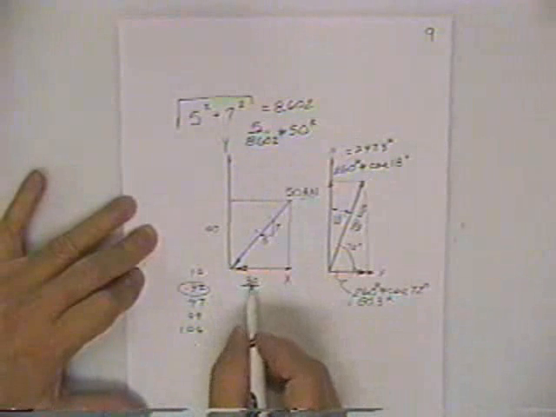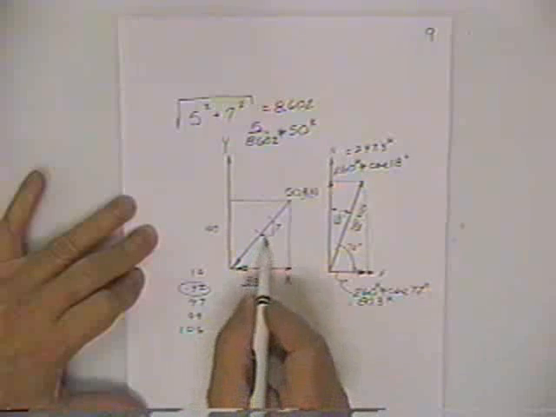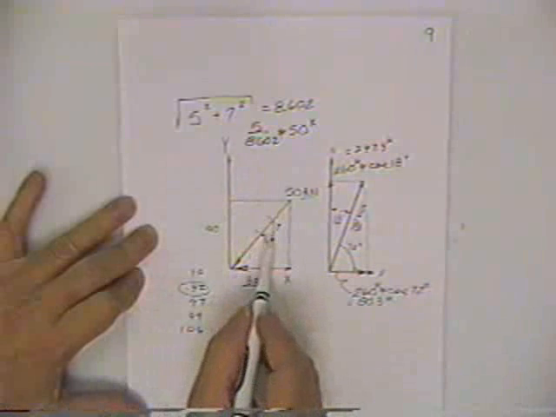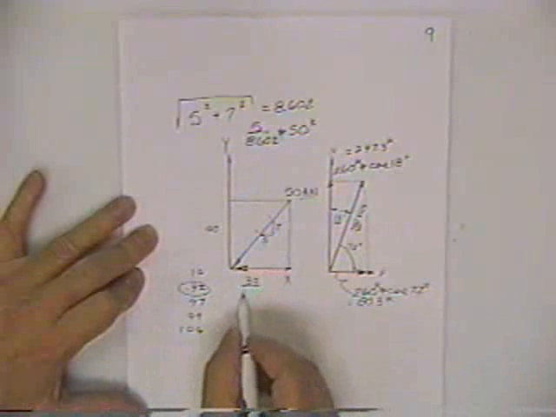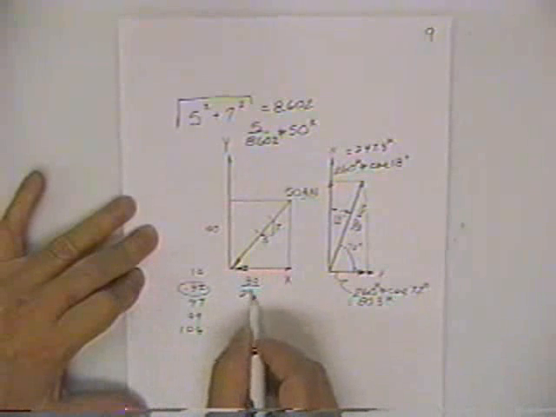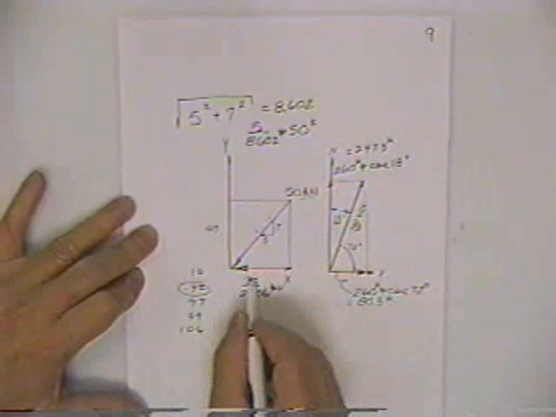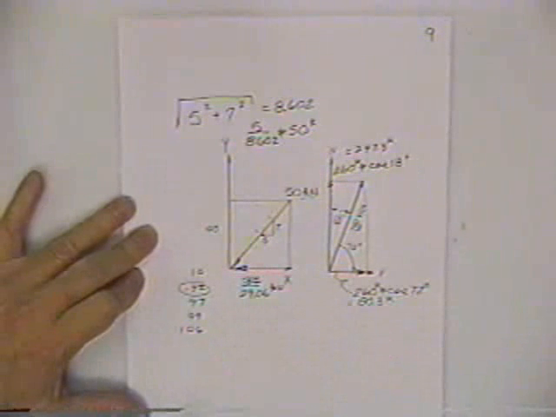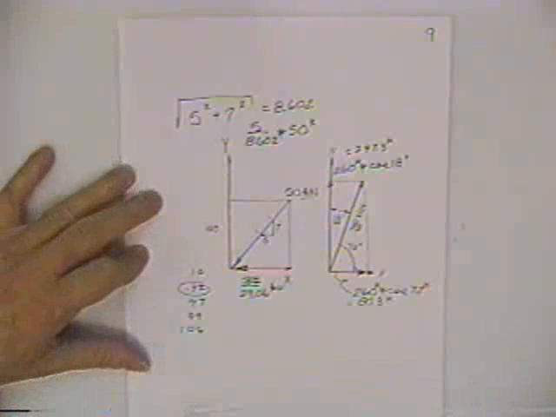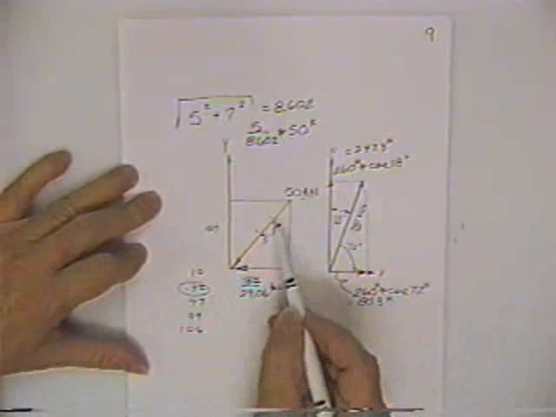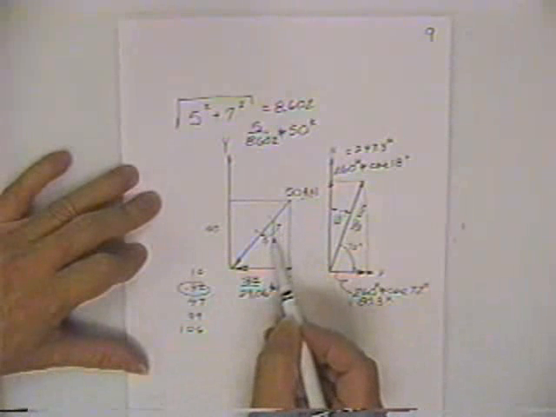Therefore, the horizontal component is about 5/8 of the original force, and that comes out 29.06. 29.06 kilonewtons. Pretty close. Then the vertical component can be found by using the vertical side of this triangle.